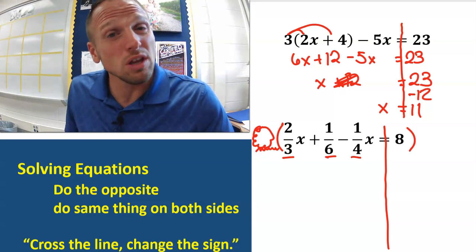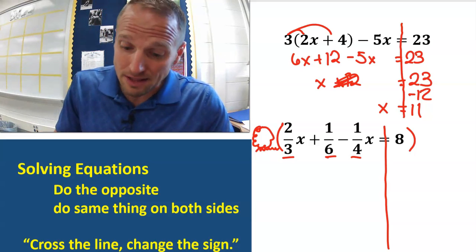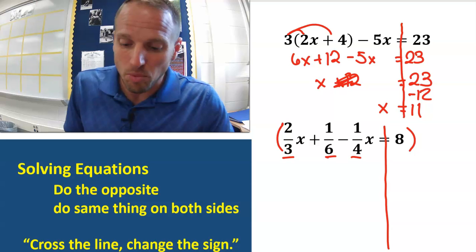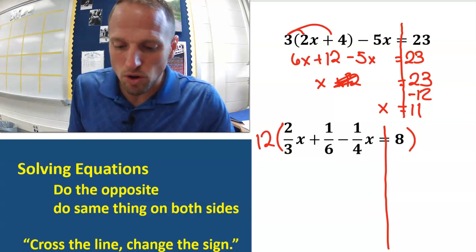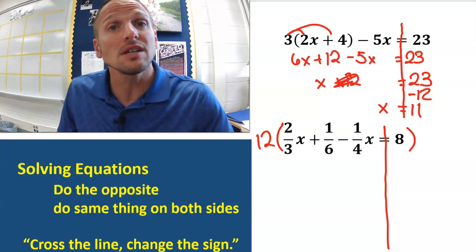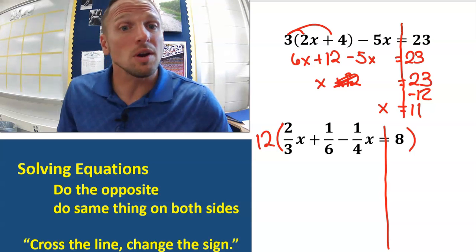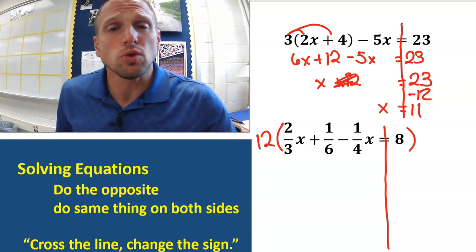Can you think of a number that you can divide by 3, 6, and 4? Now there's lots of those numbers that will work, but hopefully you might have been thinking of the number 12, okay? Because I can take 12 divided by 3, 12 divided by 6, and 12 divided by 4. All right, now watch this. We're going to multiply everything by 12, both sides by 12.